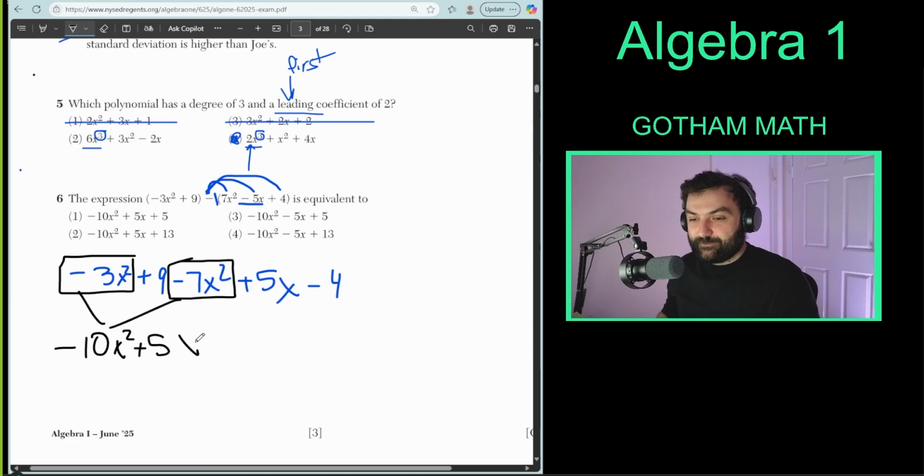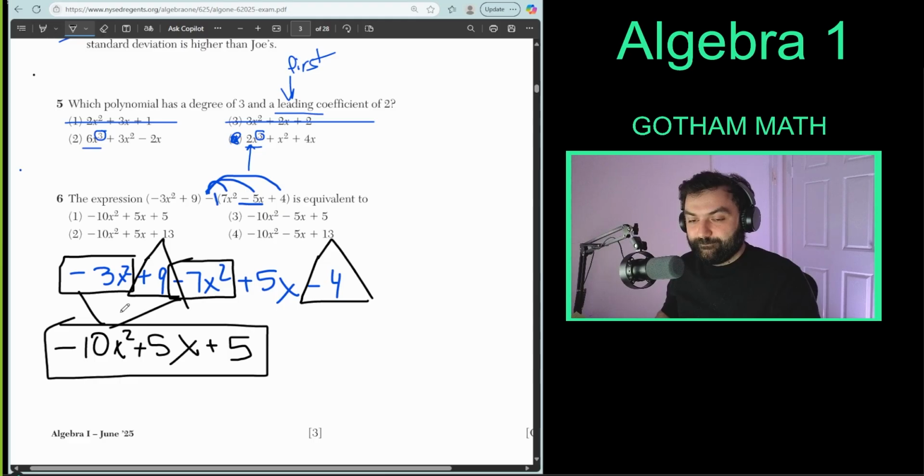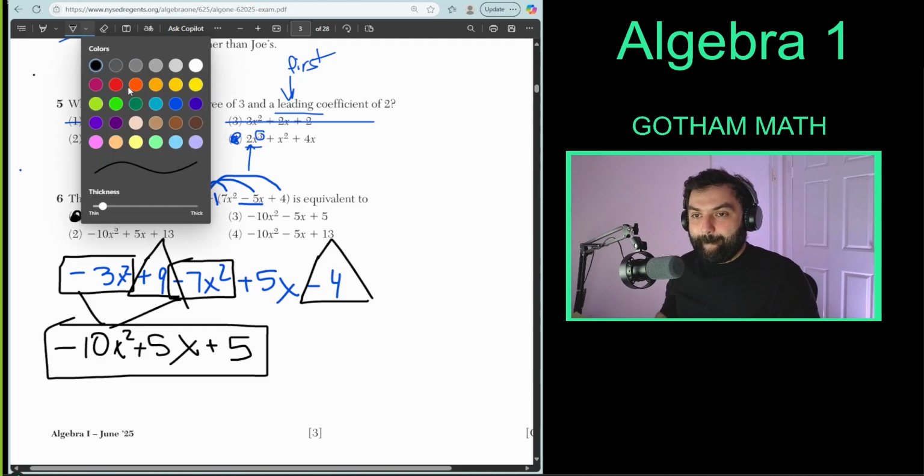Plus 5x. And now plus 9 and negative 4 are like terms, which will combine into a plus 5. And that's the answer. It's here. Number 1 is the answer. And we're switching back to blue.